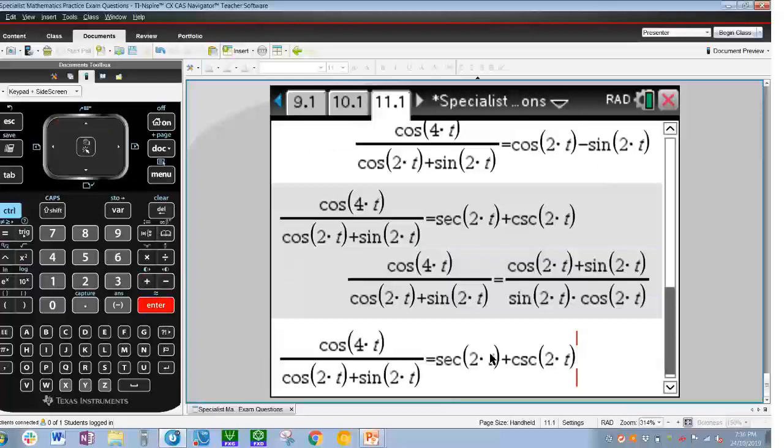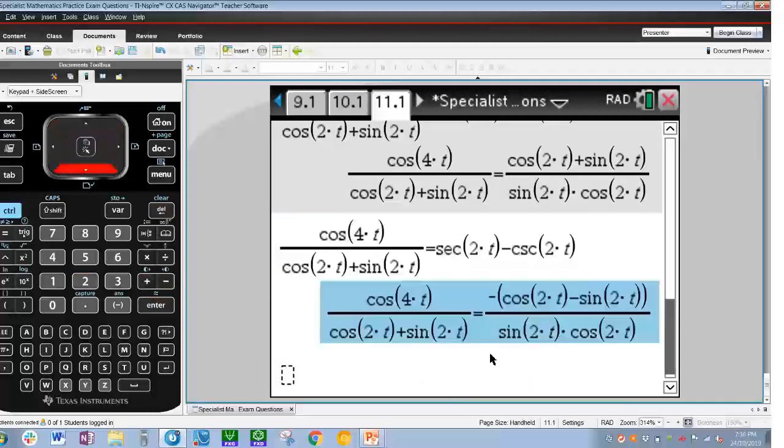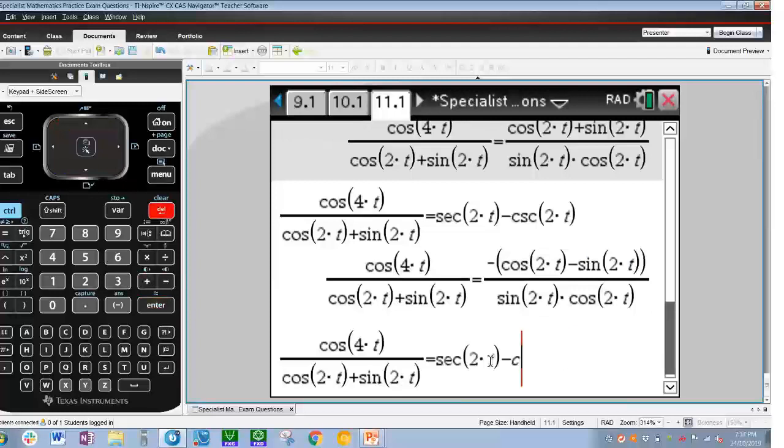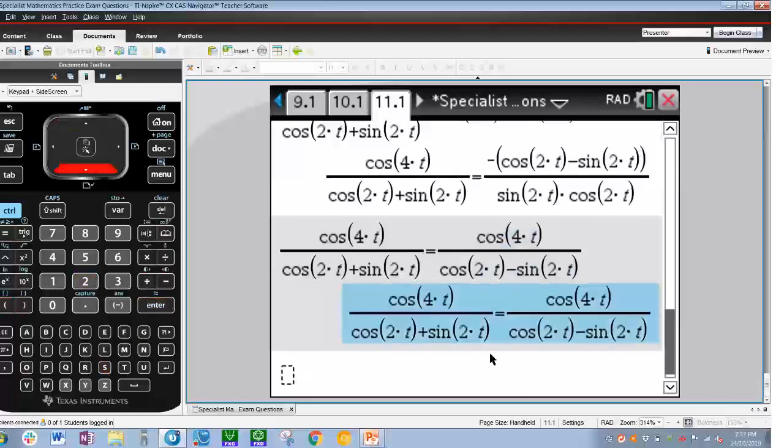Let's try the next one, which was sec of 2t minus cosec of 2t. So press minus cosec of 2t. Okay, that seems to not be doing something as well. Let's go out on a limb and let's try the last one. And we have cos of 4t. Okay, so we have cos of 4t over cos of 2t minus sine of 2t. Enter. Okay, so we get something similar over there.